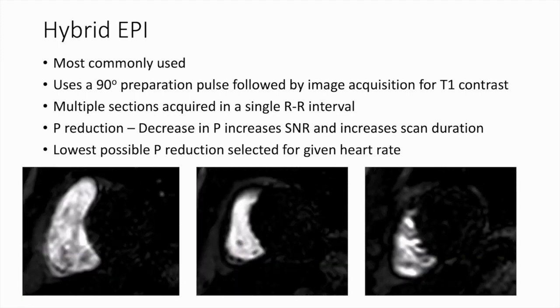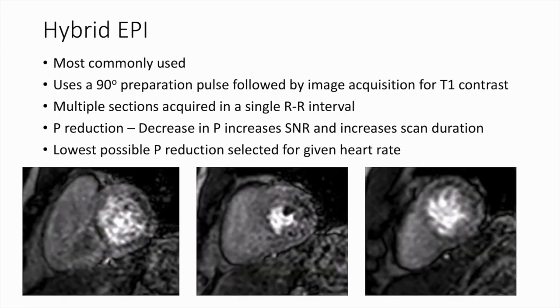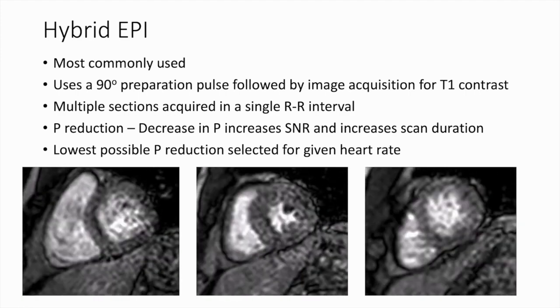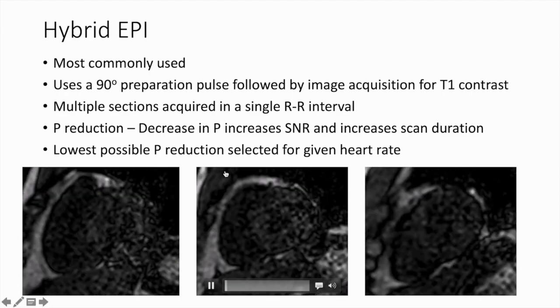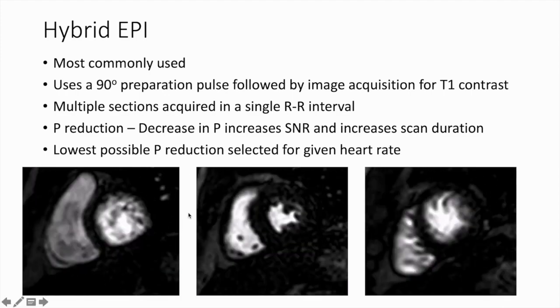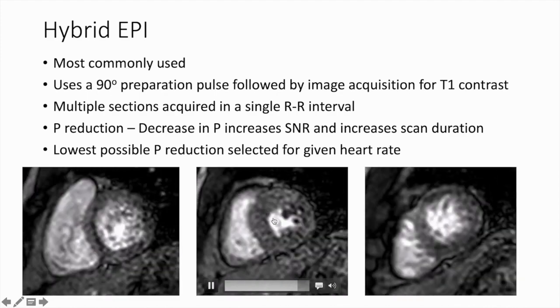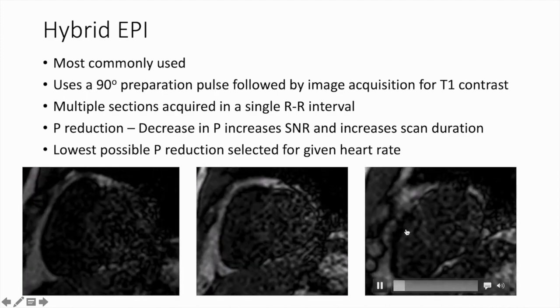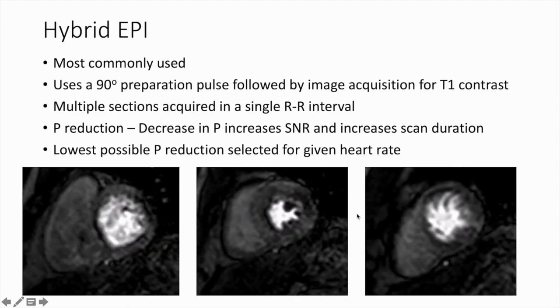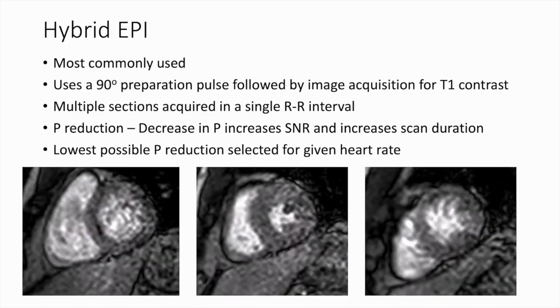So, the lowest possible P reduction needs to be selected for a given heart rate. The images here show the first pass perfusion of the myocardium at the basal, mid and apical cavity using a hybrid echoplanar imaging sequence.